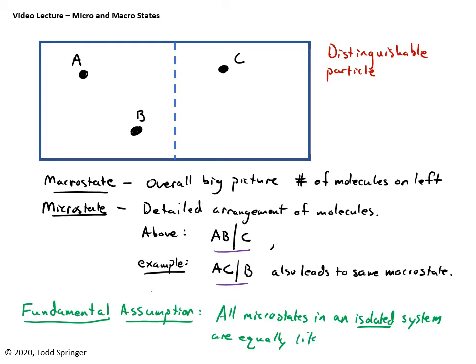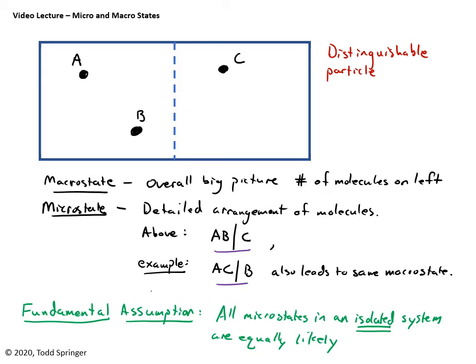Okay, so please pay attention to this isolated system here. So this is a case where this system is totally not in contact with anything. It's insulated from the outside, and so then all microstates will be equally likely. But later on we'll talk about systems which are not isolated, and then all microstates won't be equally likely. So for now, this is a key word here, isolated system.